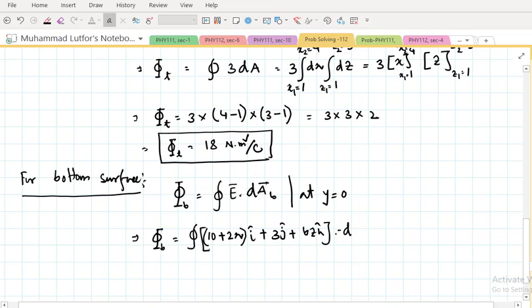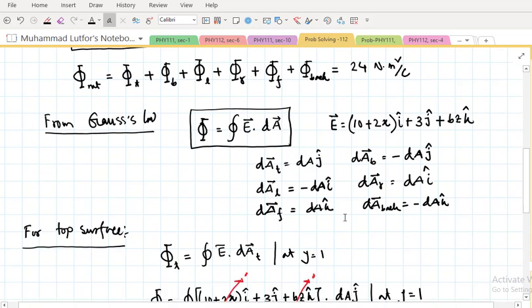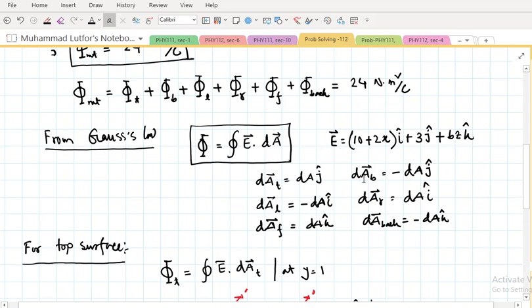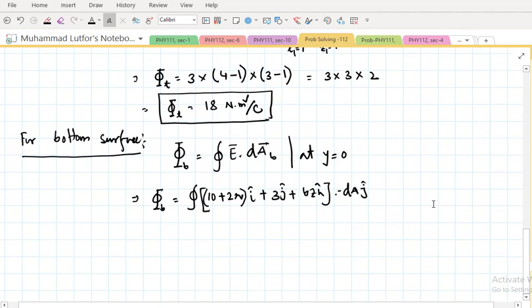So dA bottom surface is equal to minus dA j hat.